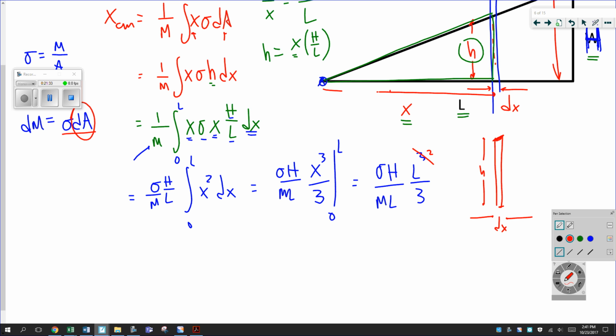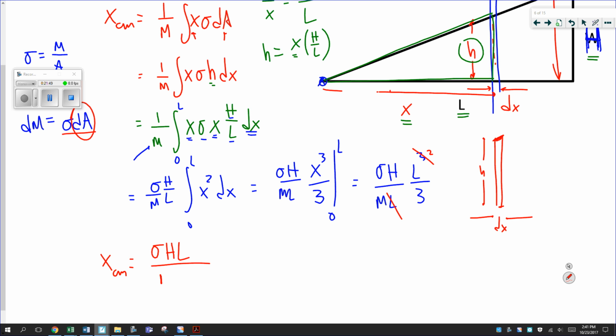Here's a factor of L that I'll take out. And so we get the position along the x-axis of the center of mass of this form is sigma H L over 3m. That's kind of ugly, but let's unpack this a little bit.